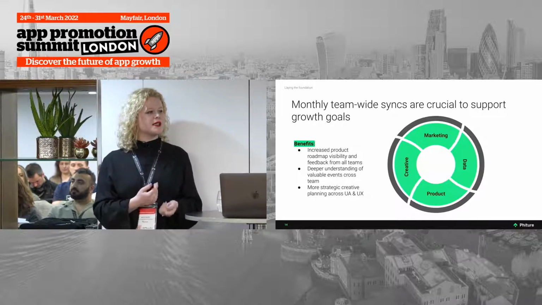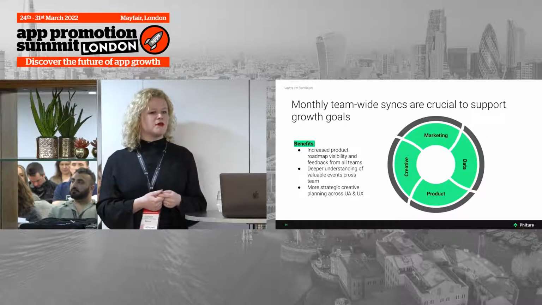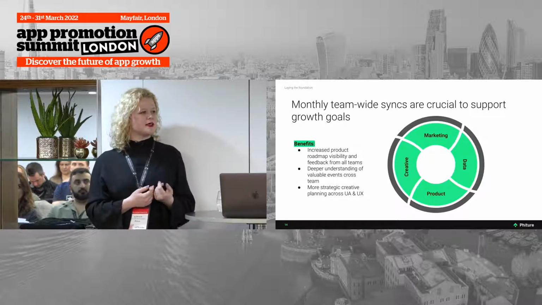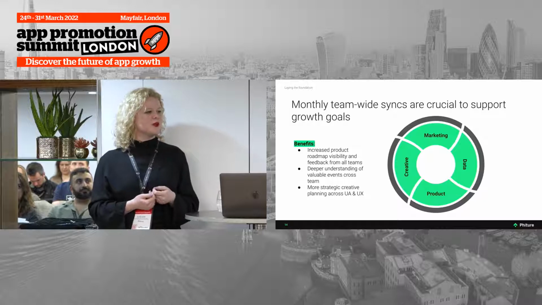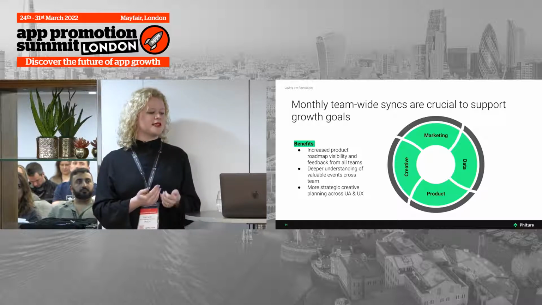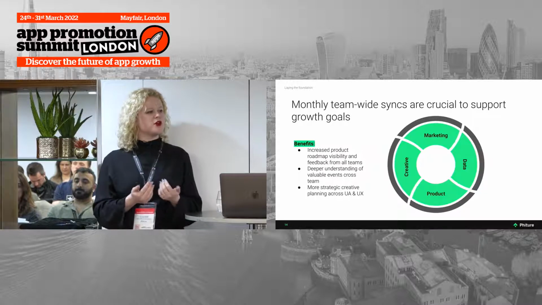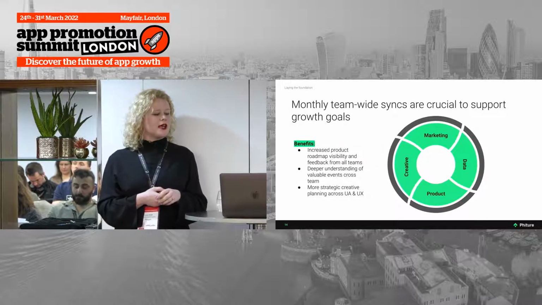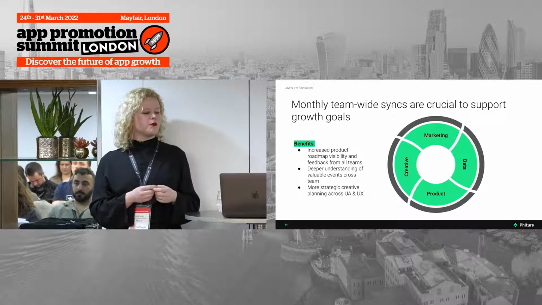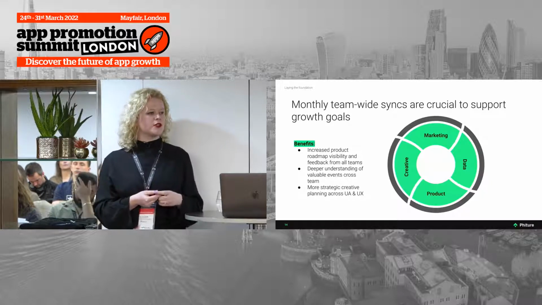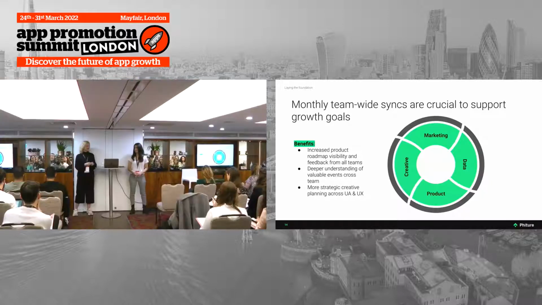Often when teams are working in silos, you find that the CRM team sometimes doesn't fully understand what the acquisition team is doing, and vice versa. So it's having that sync where you can discuss these problem areas, but also have a bit of knowledge sharing. And this also allows for more strategic creative planning across user acquisition and UX.